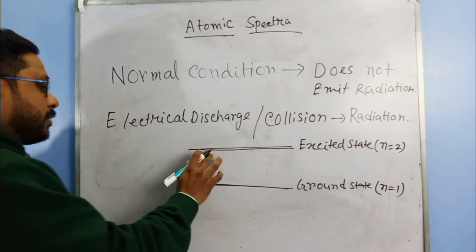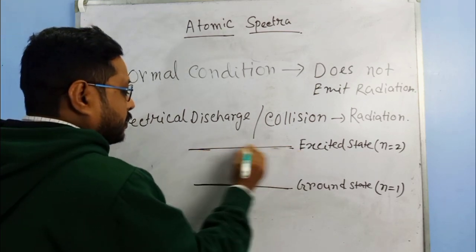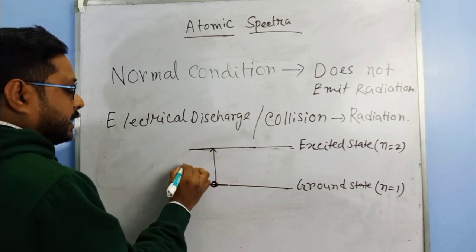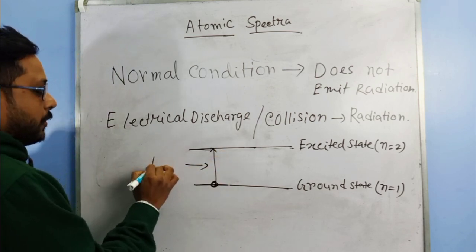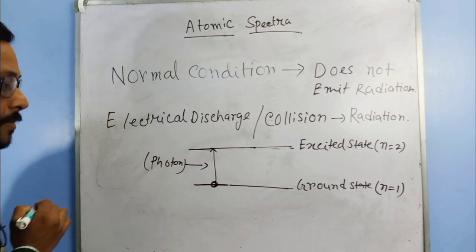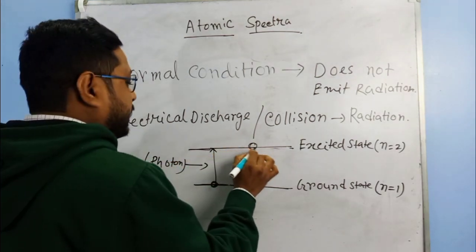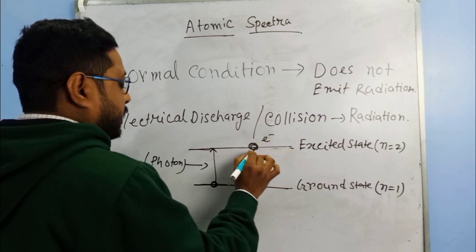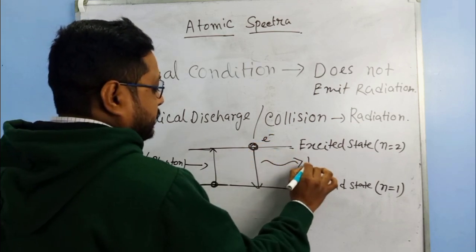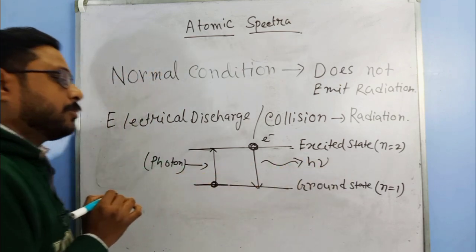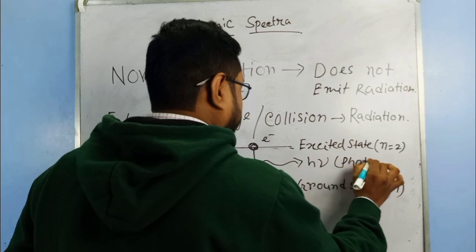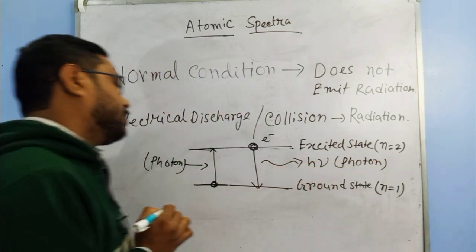So when an electron goes from ground state to upper state, it can absorb a photon. But when an electron is in the upper state and comes down to ground state, the radiation comes out in the form of a photon, as electromagnetic radiation.